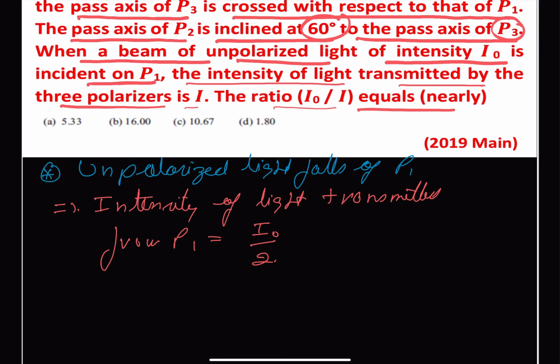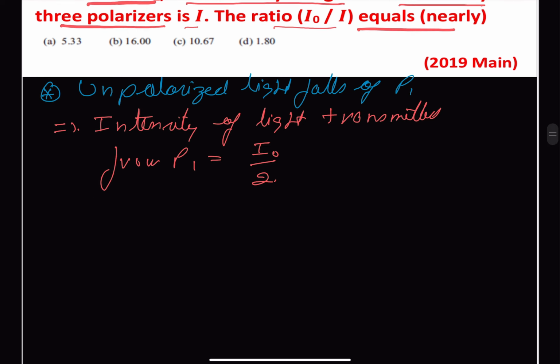And it is given that the pass axis of P2 is at an angle of 30 degrees with P1.